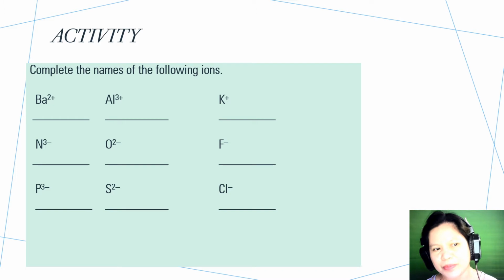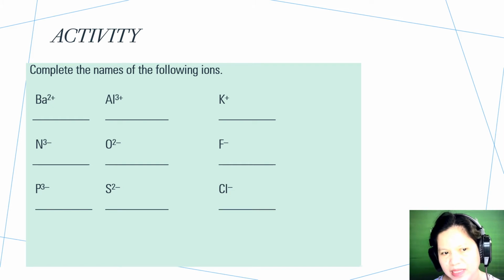Let's try this example. Complete the names of the following ions. Let's try number 1. Barium 2+, aluminum 3+, potassium positive ion. For barium, are we going to change it since it is positively charged?